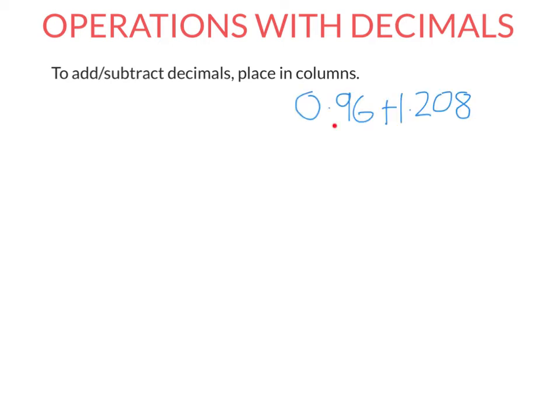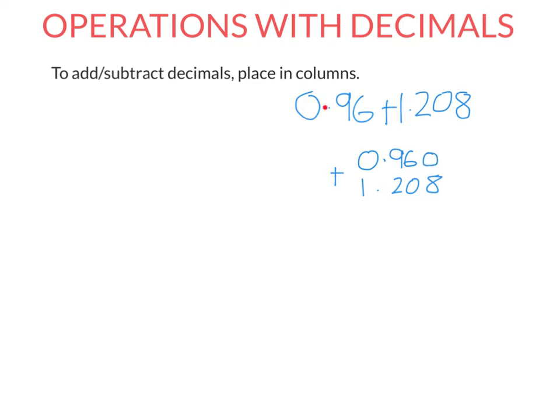So let's say I want to add 0.96 and 1.208. I'm just going to arrange these in columns and add them exactly like we've been doing. They need to have the same number of digits. 0.96 doesn't have as many digits, so I'm just going to put a 0 there.